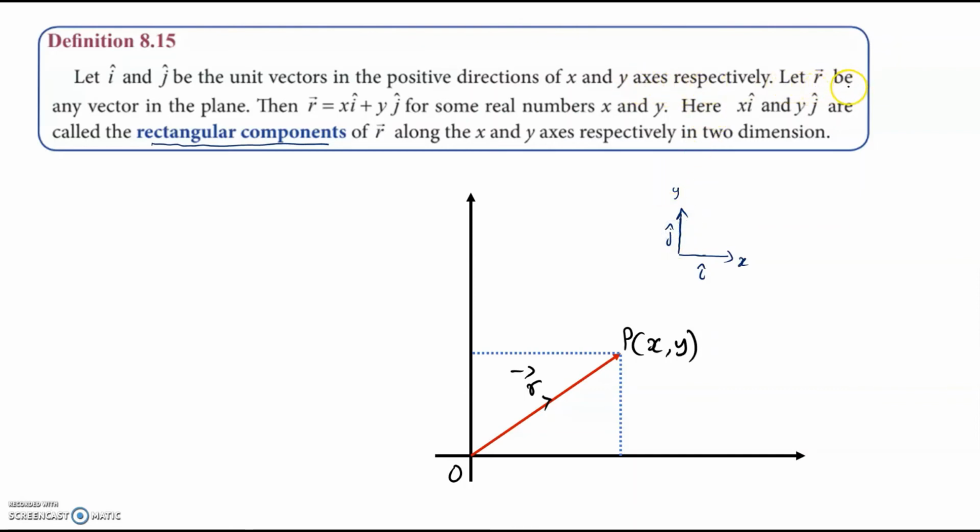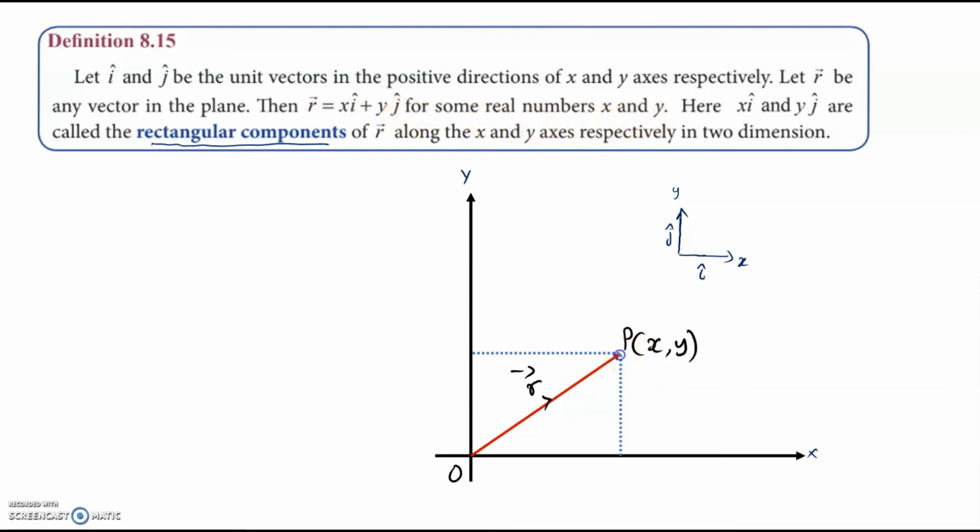Let R be any vector in the plane. So R is defined as our vector in the plane. So this is our x-axis and this is our y-axis. Then the vector R is equal to x i cap plus y j cap, for some real numbers x and y.